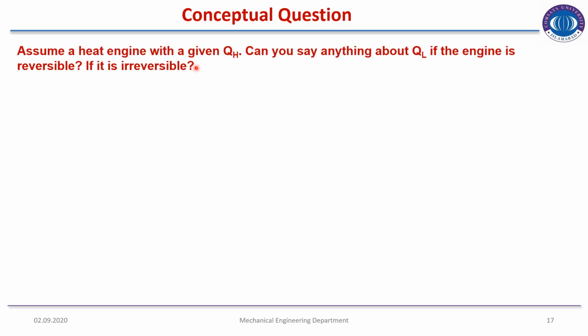Assume a heat engine with a given QH. Can you say anything about QL if the engine is reversible and if it is irreversible? So for a reversible heat engine, because it's a cyclic process, the cyclic integral of dQ by T is equal to 0, so QH over TH minus QL over TL.